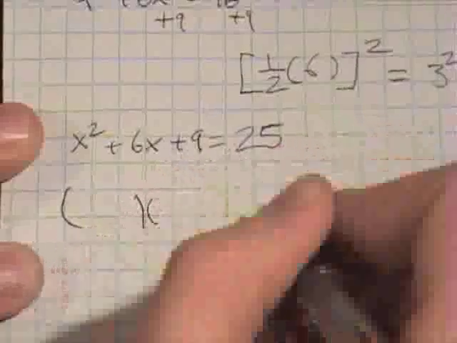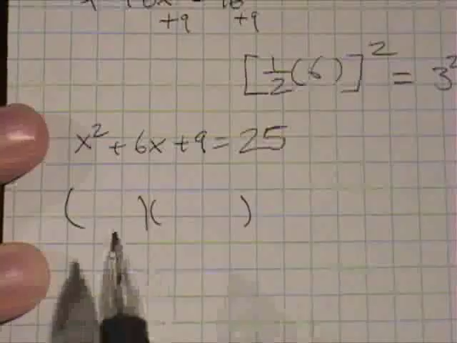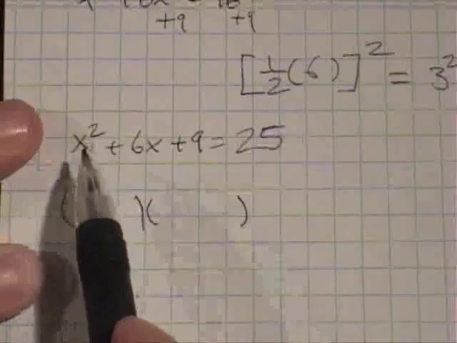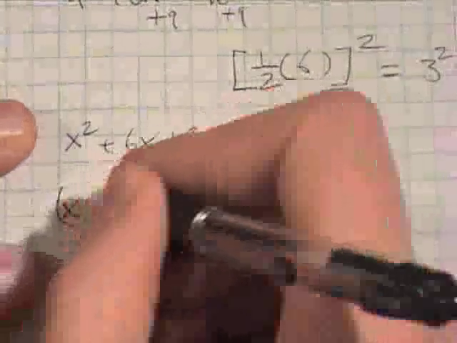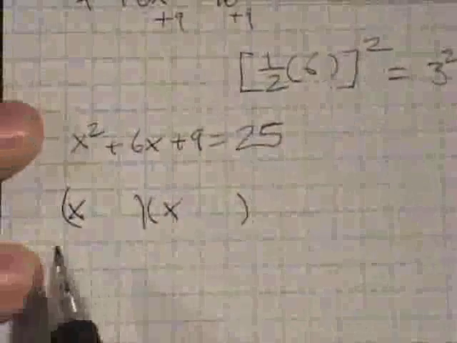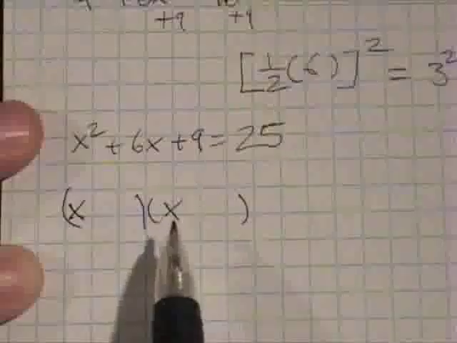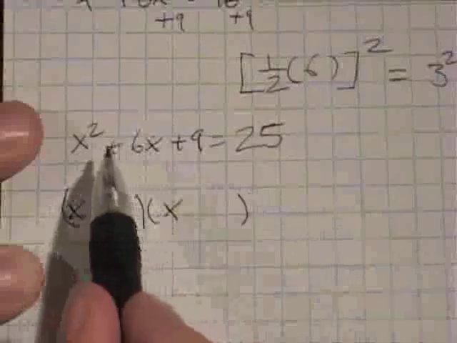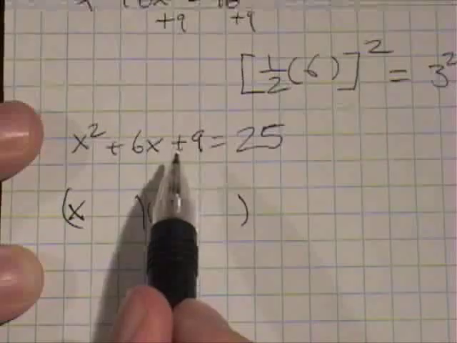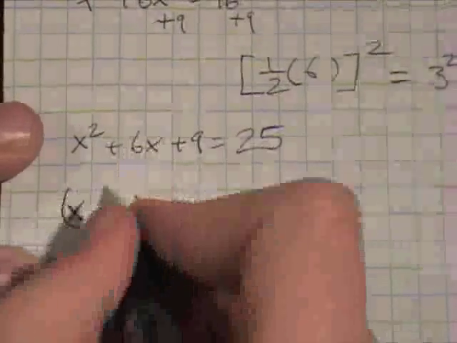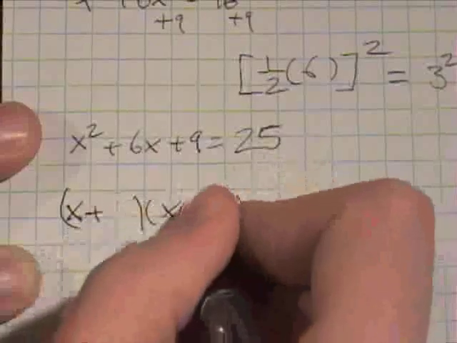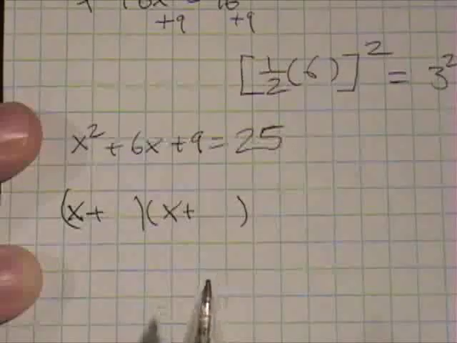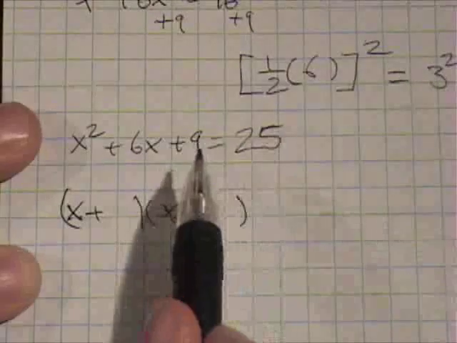Remember, you first write out the 2 parentheses. You take this one. It's going to be 2 x's in front, and as you know, because both of these signs are positive, we're going to put 2 positive signs here within these binomial factors. And the last one is easy.